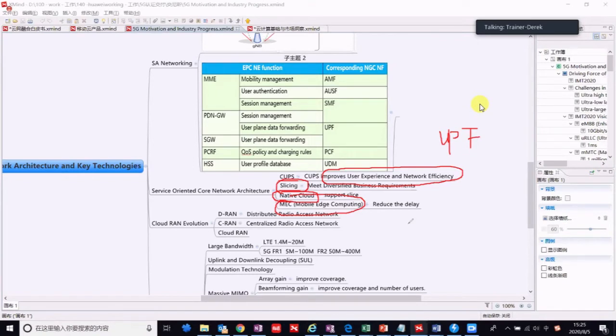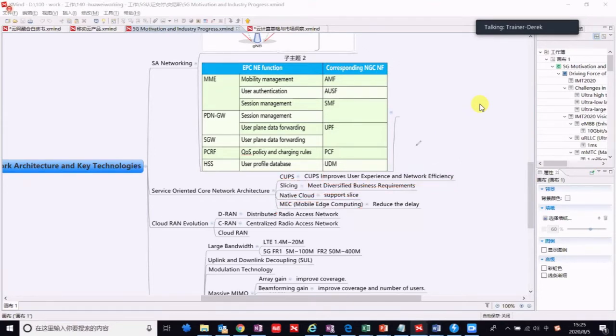Another, for example, like AR/VR, if we want to process the AR/VR videos, we also want to reduce the delay, so we can deploy the MEC server near the application to reduce the delay. This is the core network architecture.